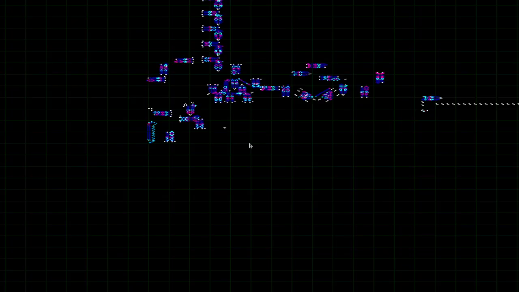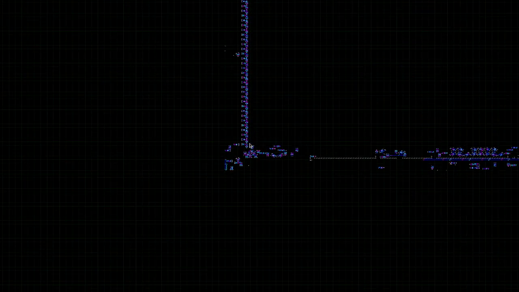Here's another glider generator, which only creates a glider every 30 steps. Here's another reflector. Okay, so here we go. So this is the Metacell.